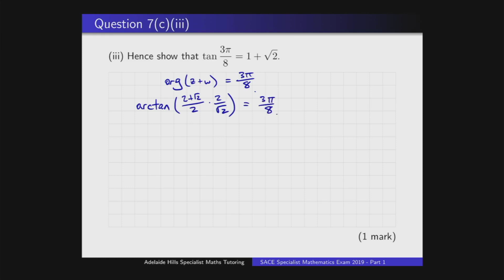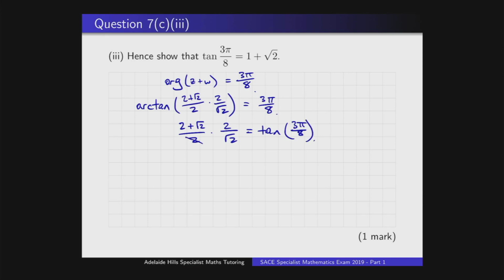Now if we take tan of both sides, what we get is 2 plus root 2 over 2 times 2 over root 2 is equal to tan 3 pi on 8.